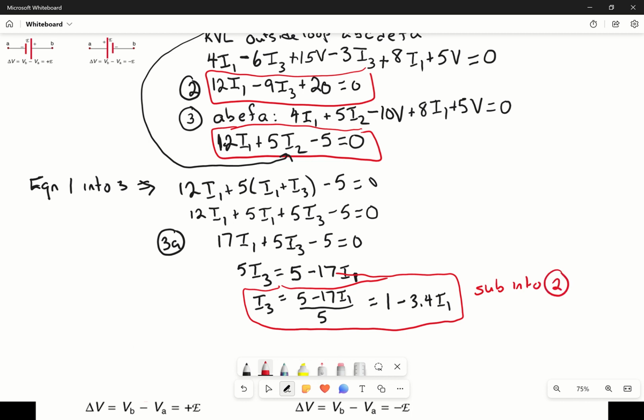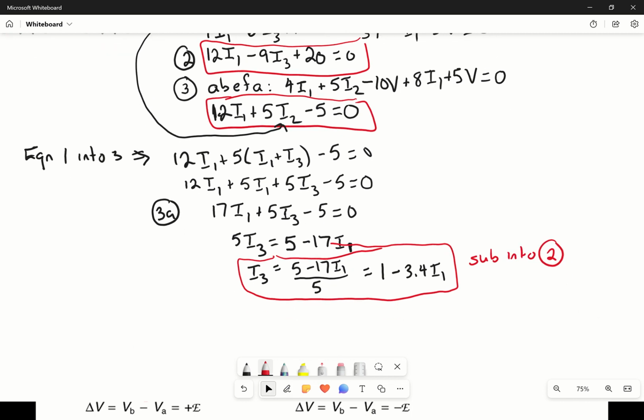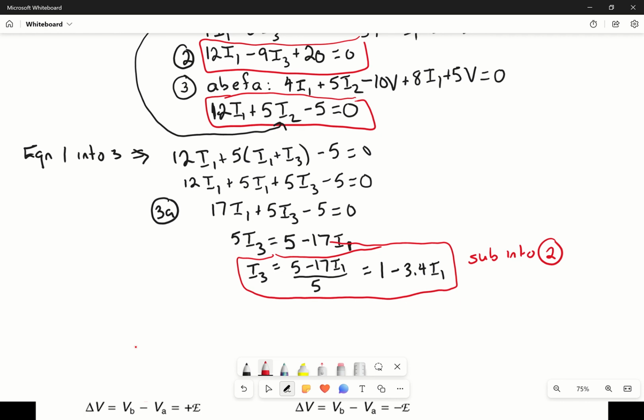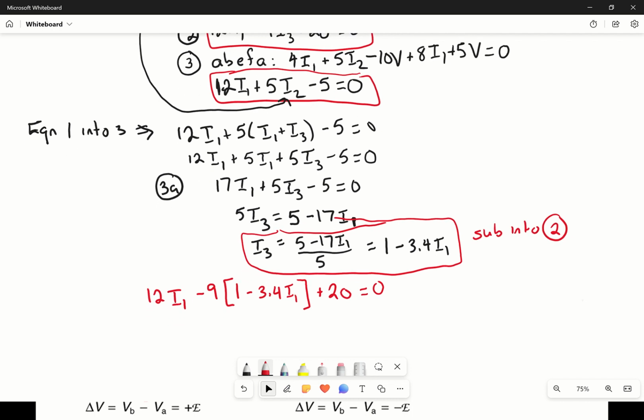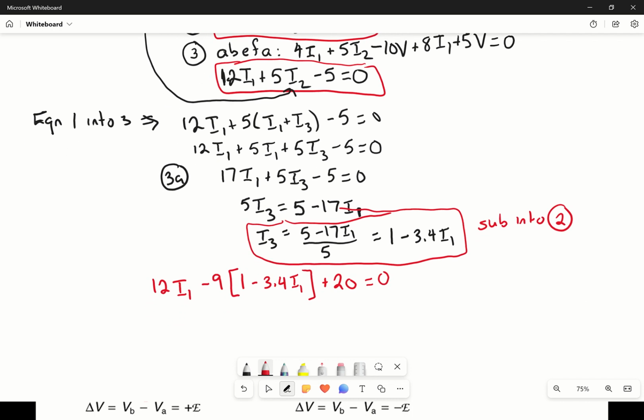So if I substitute that into equation 2, equation 2 is 12I1 minus 9I3. So instead of I3, I'm going to put in that I3 is 1 minus 3.4I1 plus 20 is equal to 0. So now the only unknown in that equation is I1. So if I do the math correctly, I should be able to get the right number.